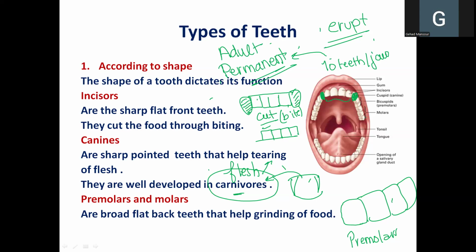So the first one after the canine is the premolar, and then the rest are the molars. If you look at them from the underneath surface, you will find that they are a bit split, but they are broad and heavy for grinding food.